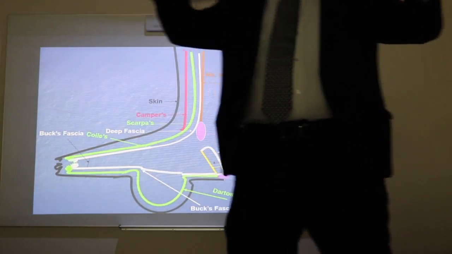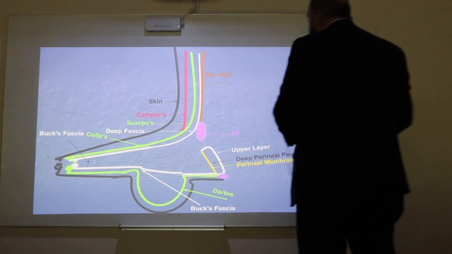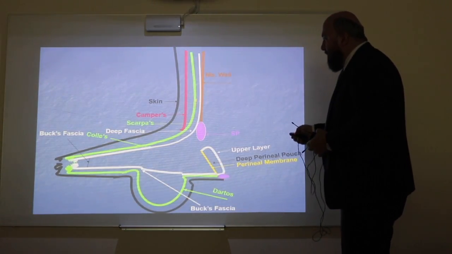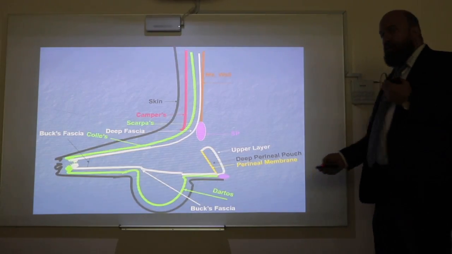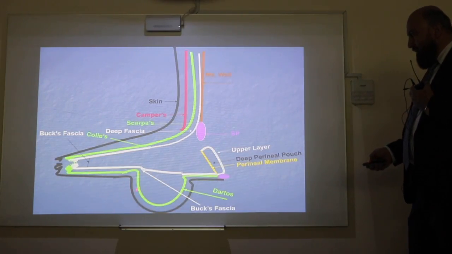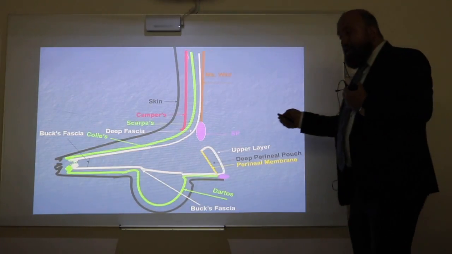You don't want that fat to go to the external genitalia. And then Scarpa's will change its name, becomes Colles, and in the scrotum dartos, and then it fuses with the perineal body and with the 2 layers of the urogenital diaphragm.